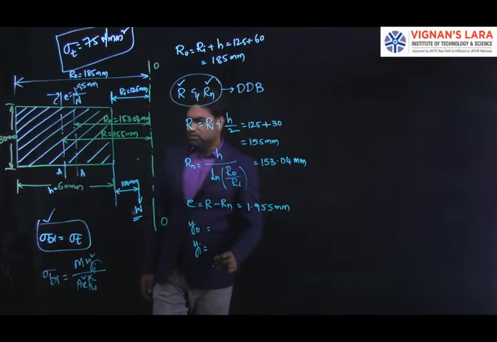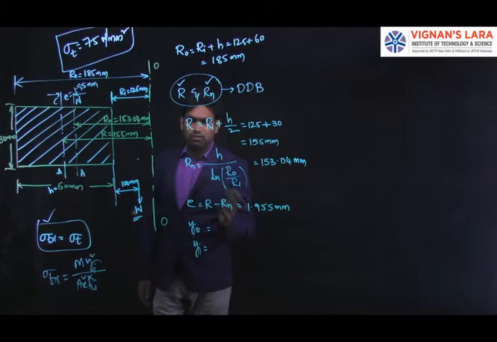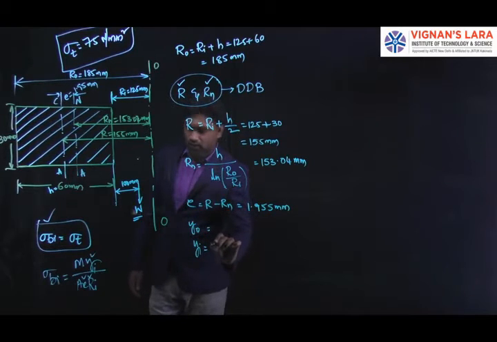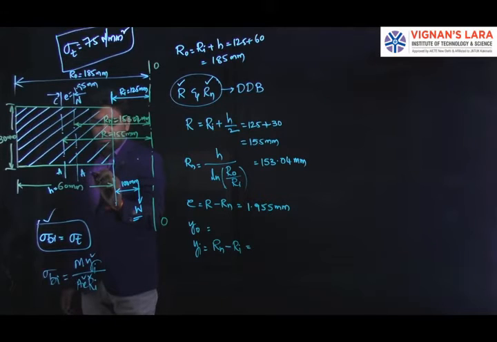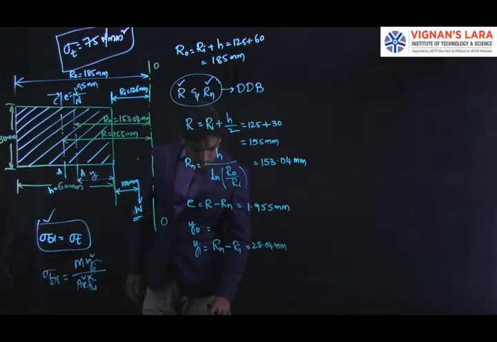So yi, that is the inner fiber distance from the neutral axis, is given by Rn minus Ri. So it is the distance from here to here, that is yi. Clear? So yi is also known, and then you can calculate the moment M, load into perpendicular distance, that is the equation.